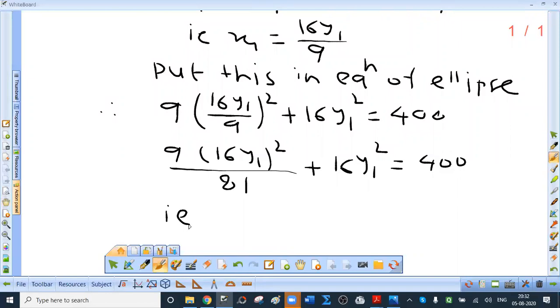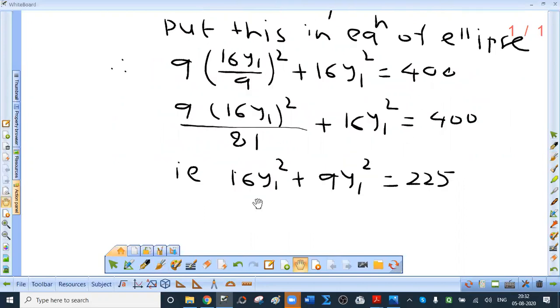So 16y1 square remains, plus 9y1 square. Check whether this is correct or not. Equal to 9 into 25, which is 225.